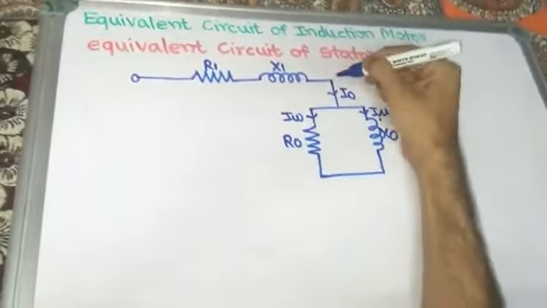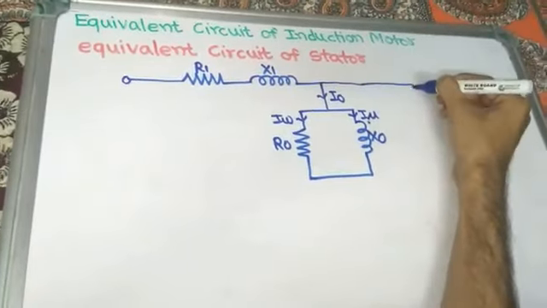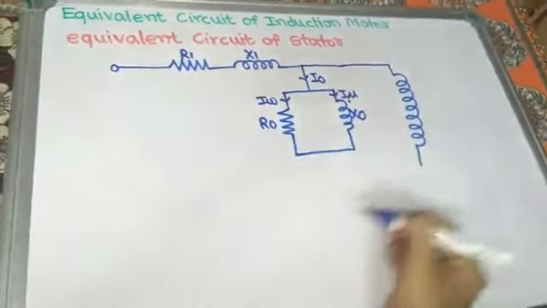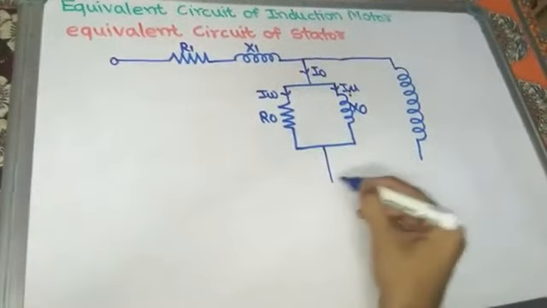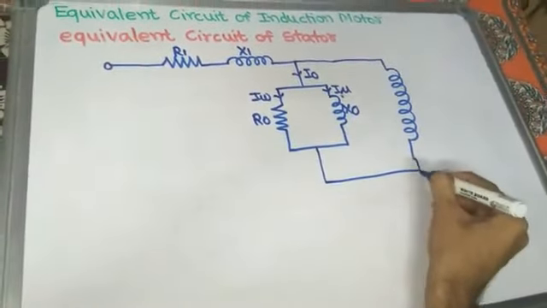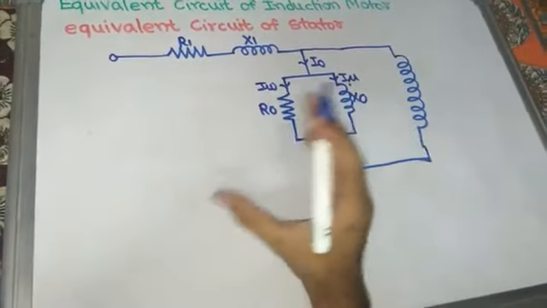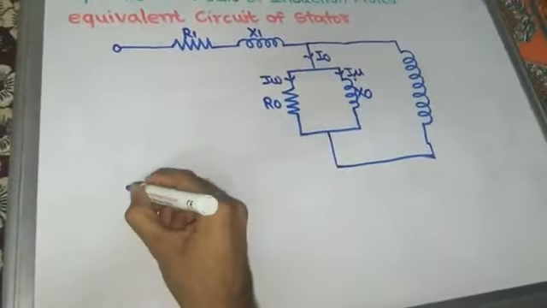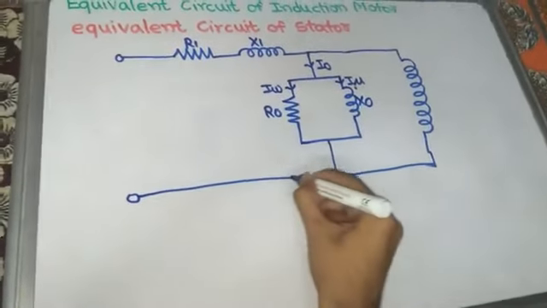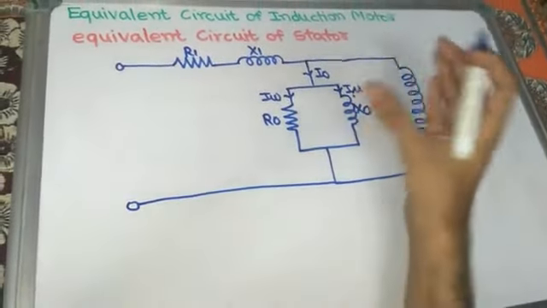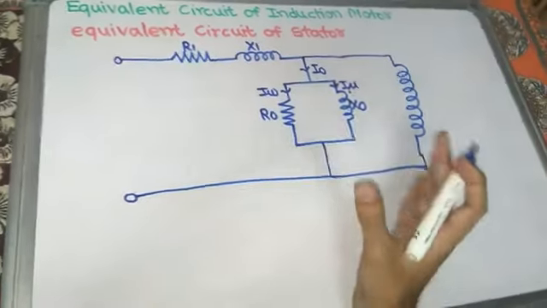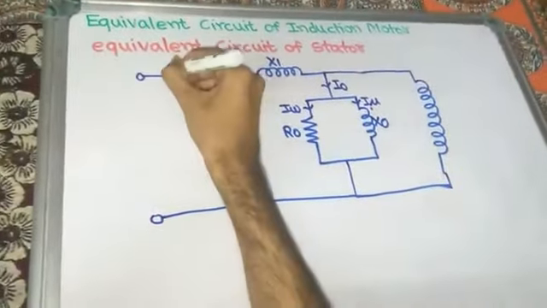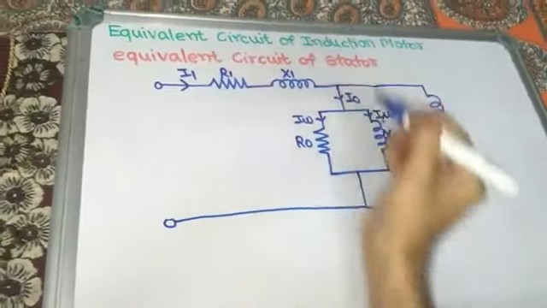This is the primary winding of the transformer and also of the induction motor, that is the stator, because the stator winding and the primary winding of a transformer are similar to each other. The only difference occurs in the secondary winding of the three-phase induction motor as compared to the transformer. The current flowing through this primary winding is I1.